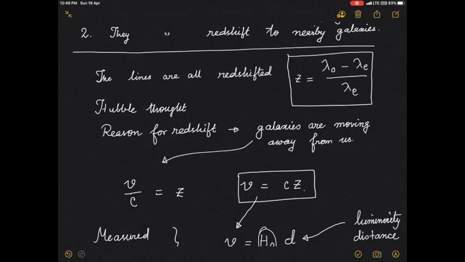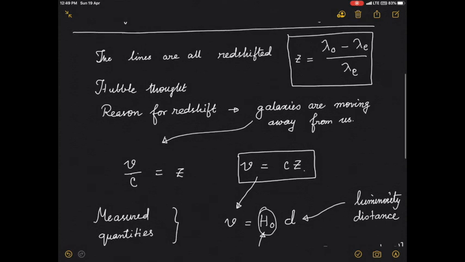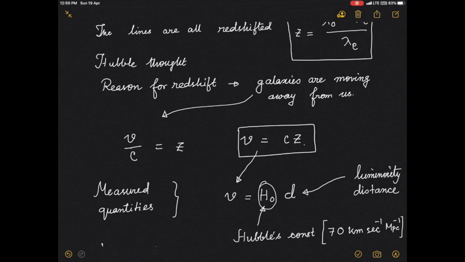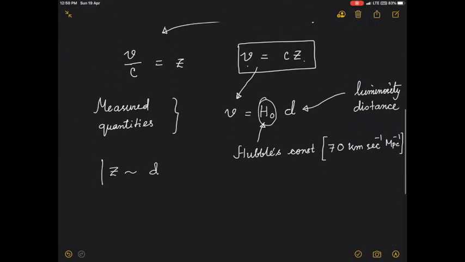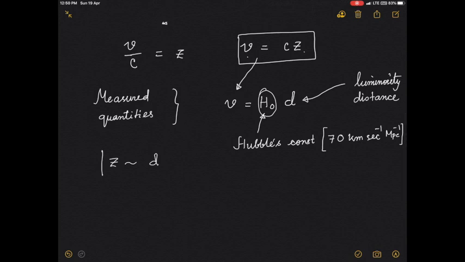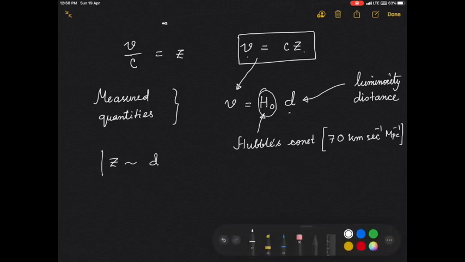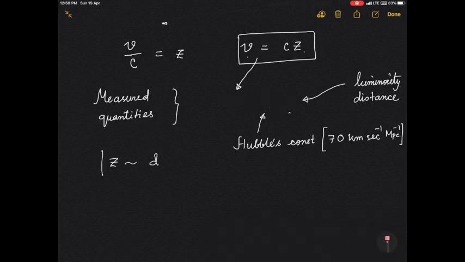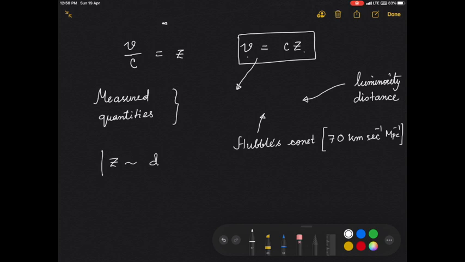And Hubble thought that the reason for the redshift is that the galaxies are moving away from us. So he equated redshift with v by c, so v came out to be c times z. And when he plotted this v with the luminosity distance, he got this relation. So let me keep this relation in a little better form, because this is the crux of the story so far.